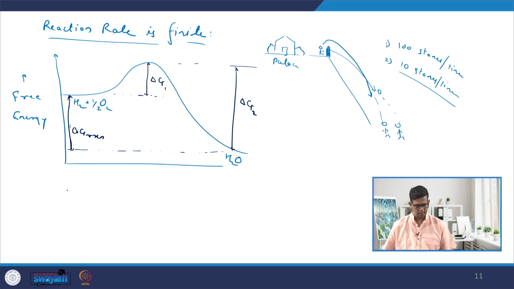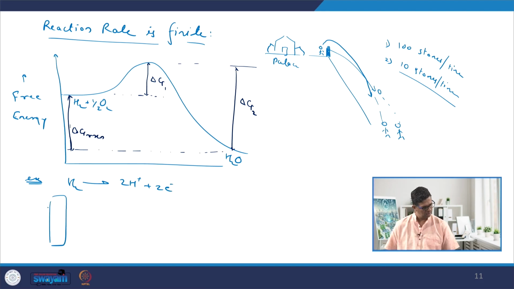So, if I take the example of hydrogen oxidation, what is happening at the catalyst on the anode side? This is hydrogen. Let me show in red color that we have a catalyst present here at the interface.